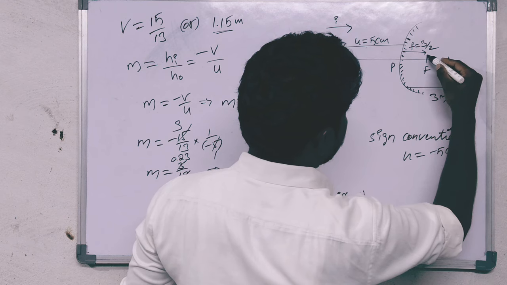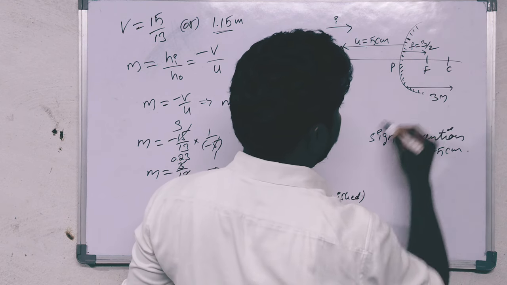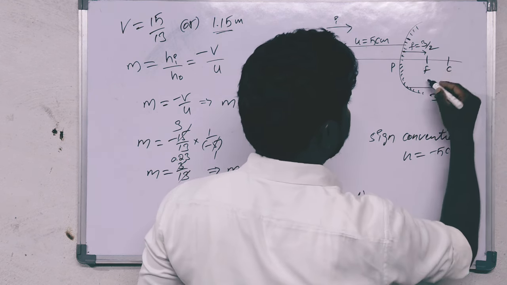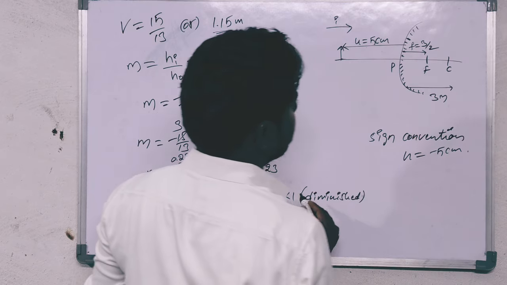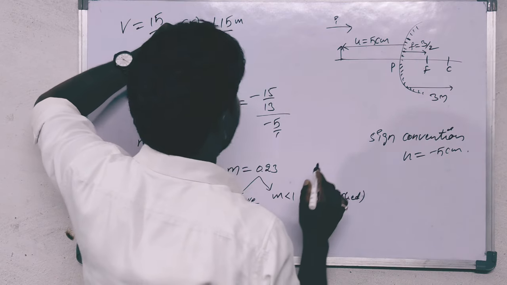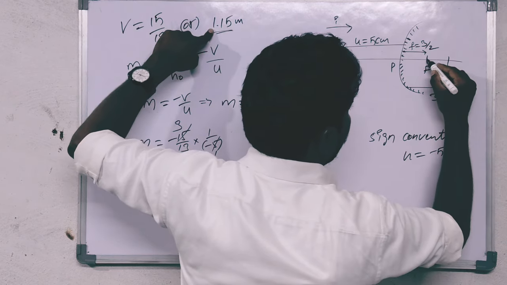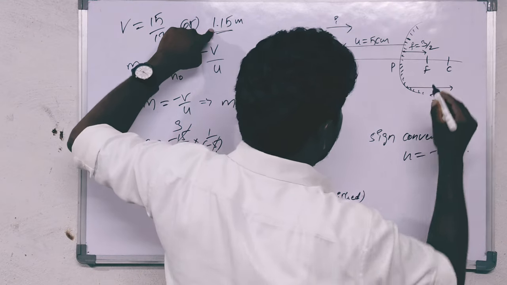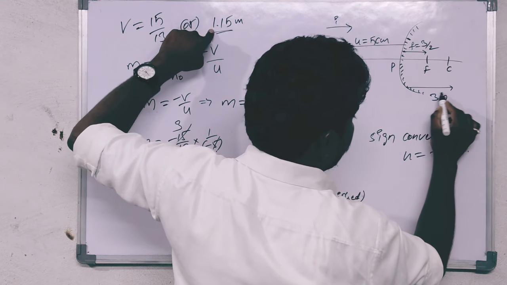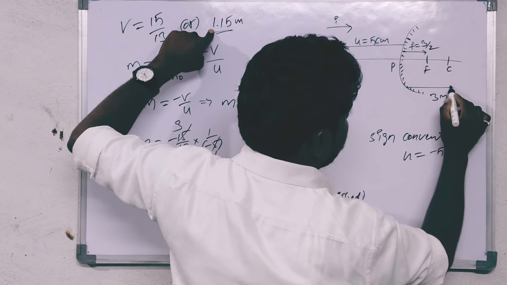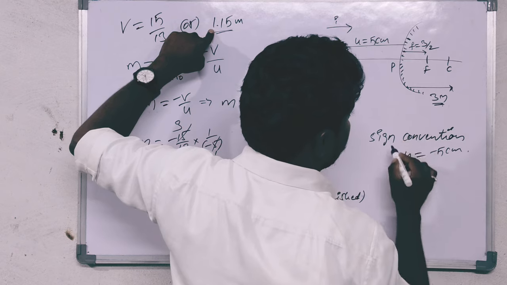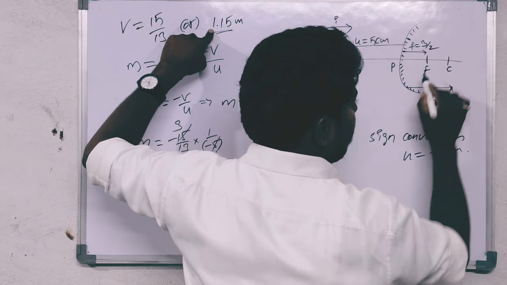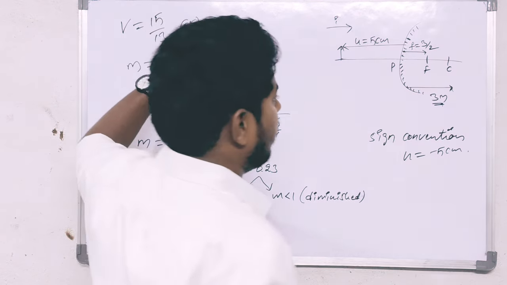Definitely it is up to the focus, 1.5. The focal length is 1.5 because the radius of curvature is 3 meters, and the focal length is half of the radius of curvature.